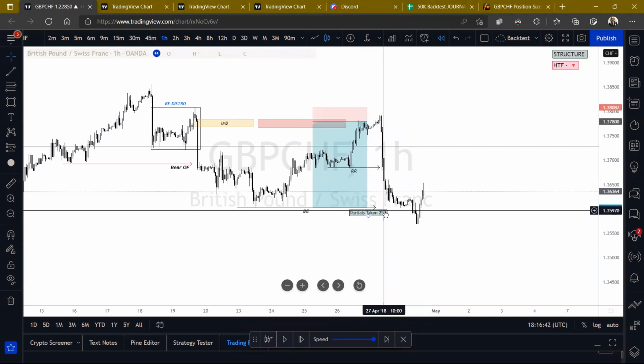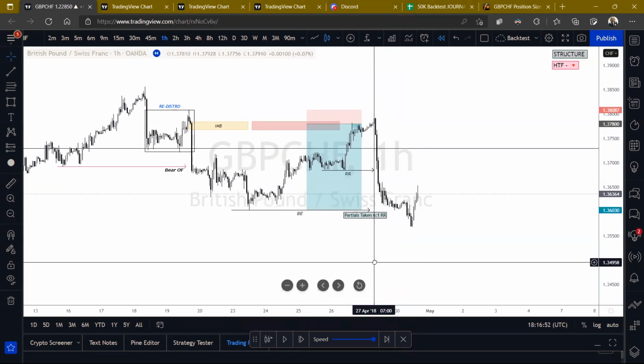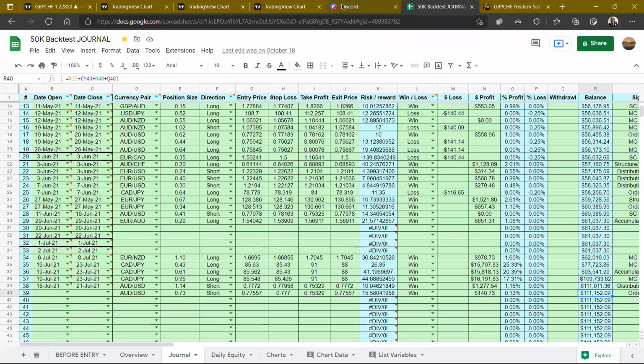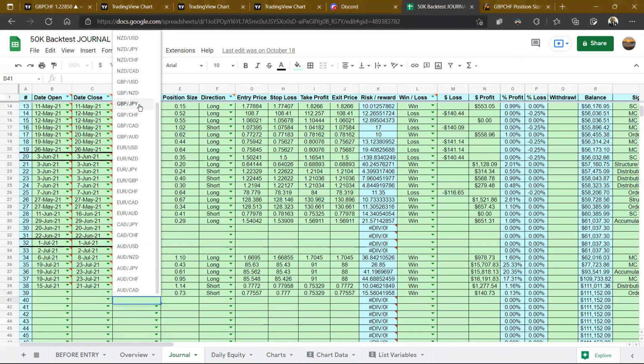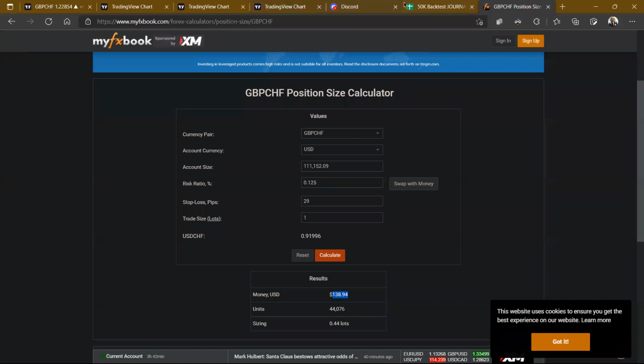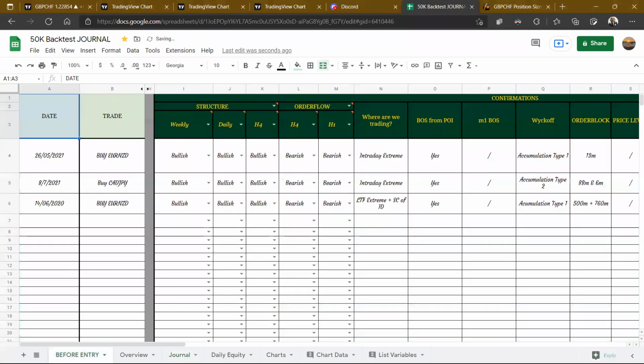Okay, so break even, partial taken. Now let's go and we can add this in our journal. What is this? GBP CHF, 0.44. We are short.